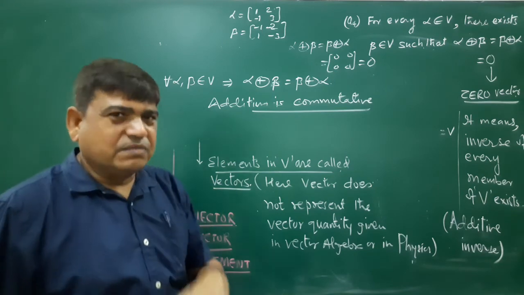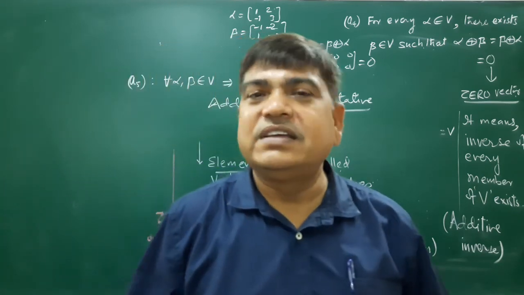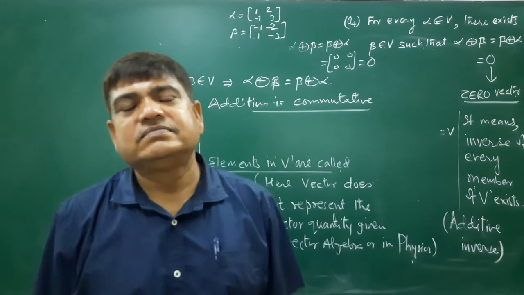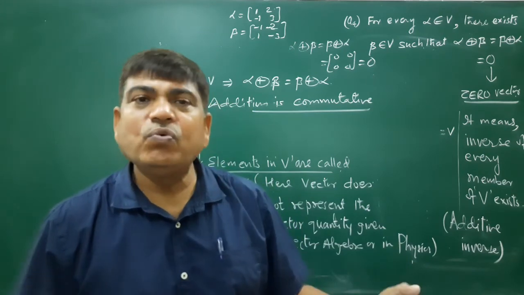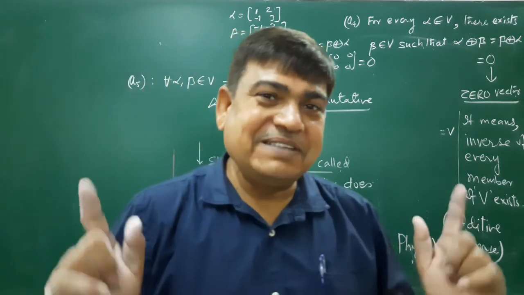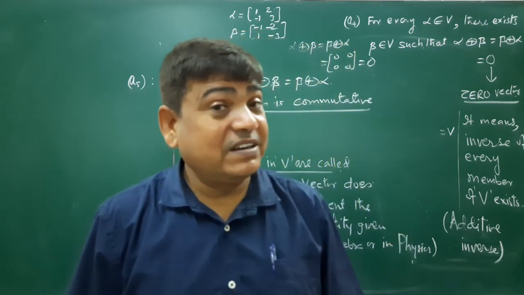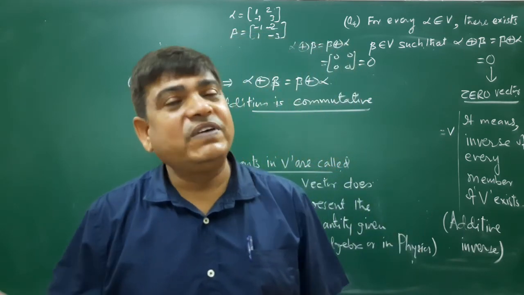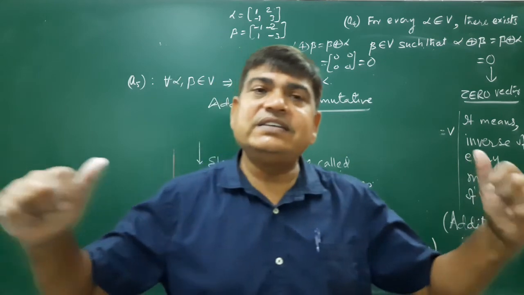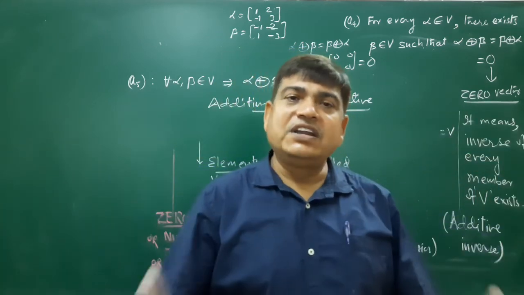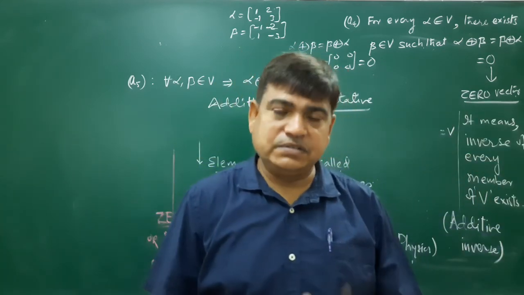Instead of saying addition is commutative, I can say vector addition is commutative, because we are adding two vectors. And again I am telling you, a vector doesn't mean the vector quantity that we have learnt in vector algebra or in physics. Again and again I am telling you.